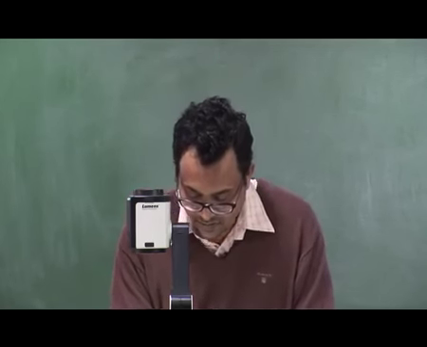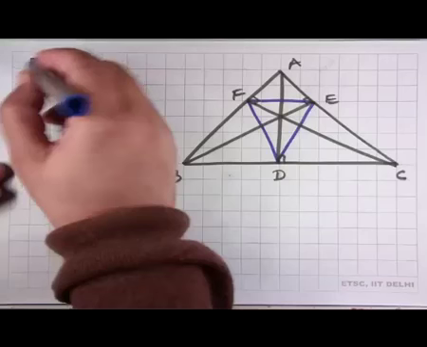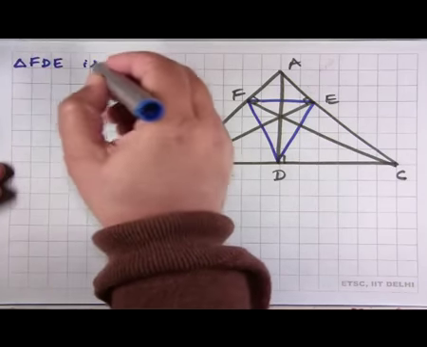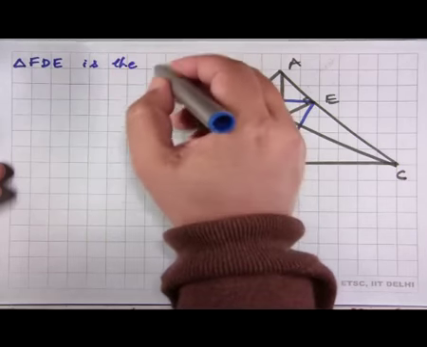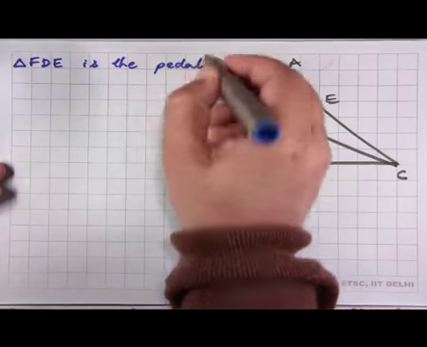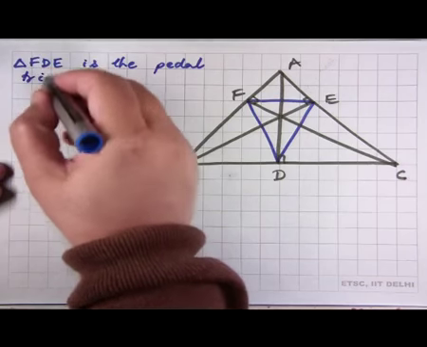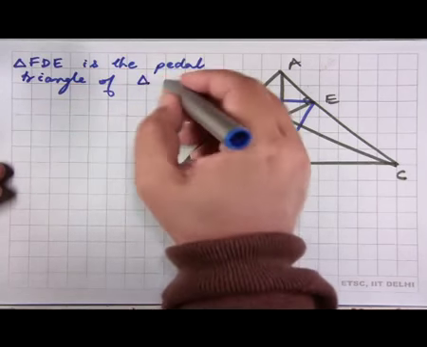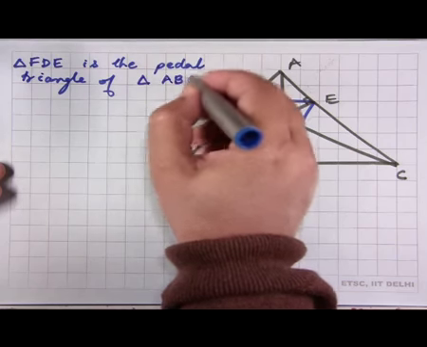So, this triangle FDE is the pedal triangle of triangle ABC.